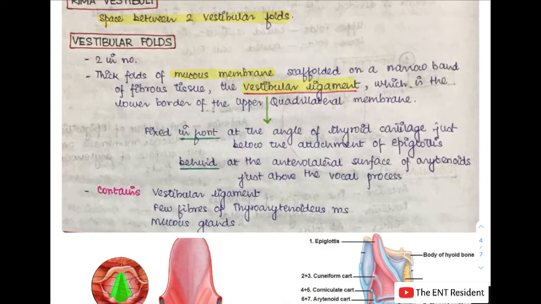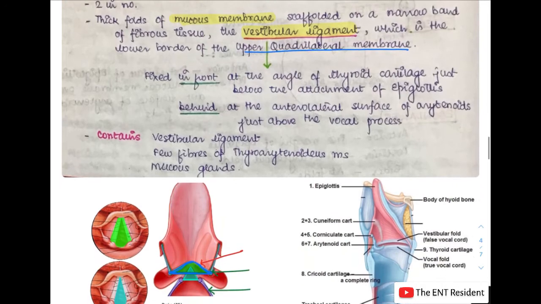And this is something I have discussed in my video on anatomy of larynx, where I have spoken about the ligaments and membranes of larynx. I have spoken about how the vestibular ligament is formed by the condensation of the lower border of the upper quadrilateral membrane. Now this vestibular ligament has an anterior attachment and a posterior attachment, and that's how it is fixed.